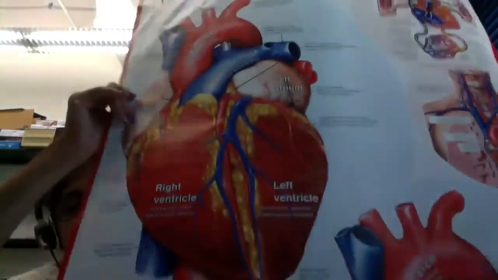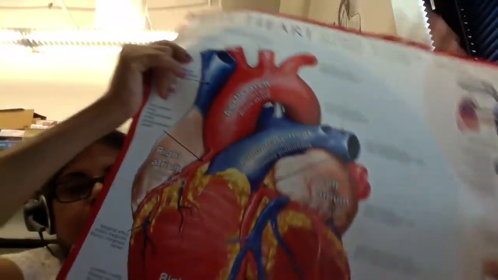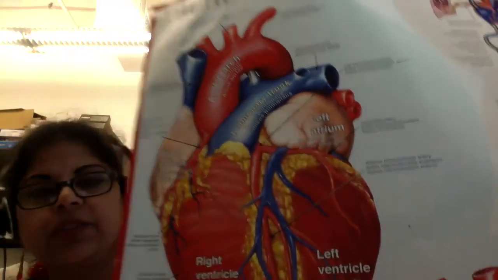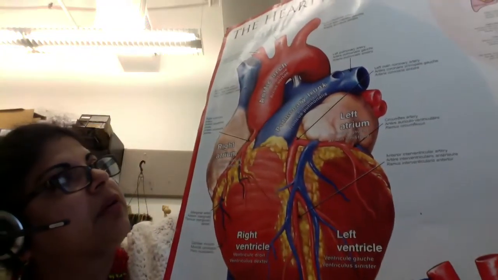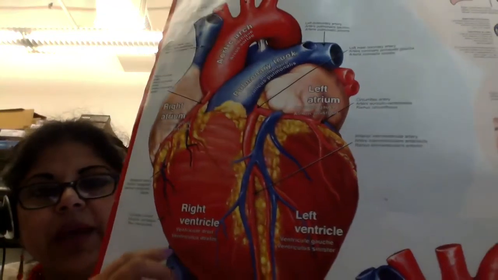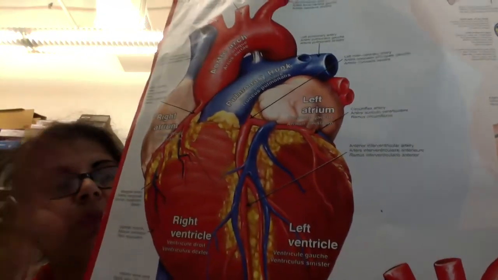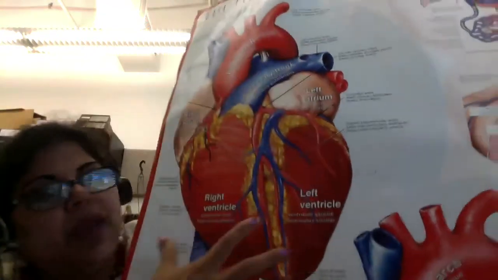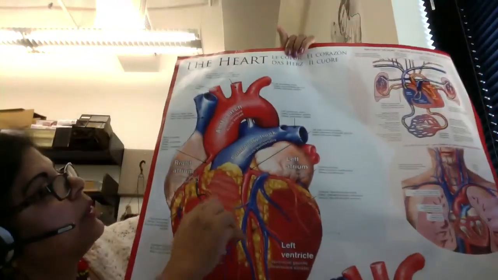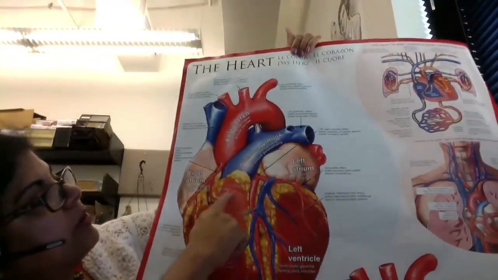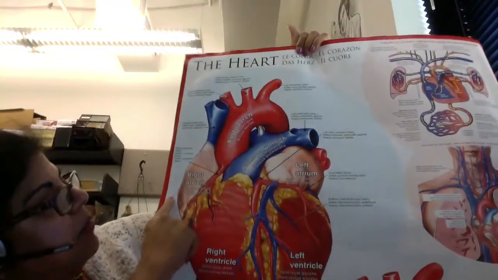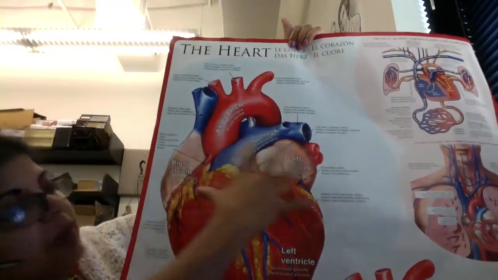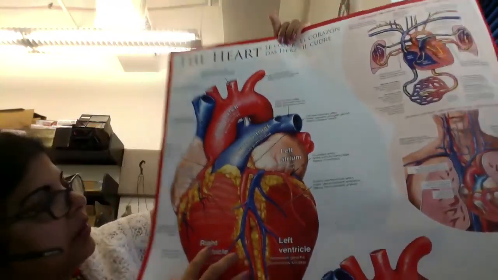But I also want to show before we close, I'm going to bring this poster. This picture is going to be very self-explanatory because it labels everything in big letters. So yeah, the big heart, right? And then you can see the aortic arch, pulmonary trunk, left atrium, right atrium. So the chambers are pretty evident, right?